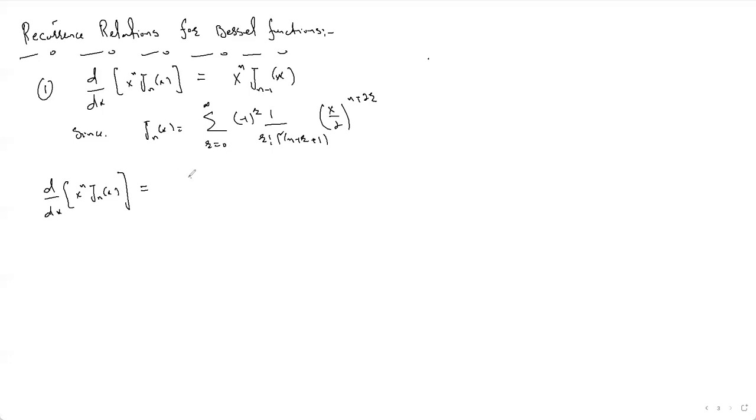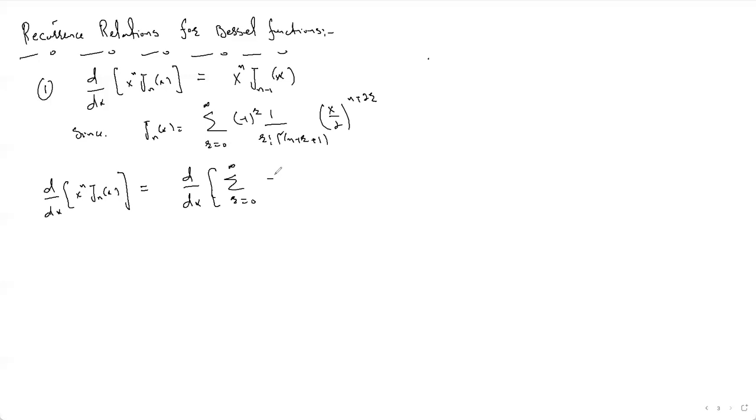So you write this as d by dx of, if you multiply it by x raised to power n, right? Let me write it clearly, in one single setup. It will be d by dx of summation r running from 0 to infinity, and multiply it by x raised to power n.